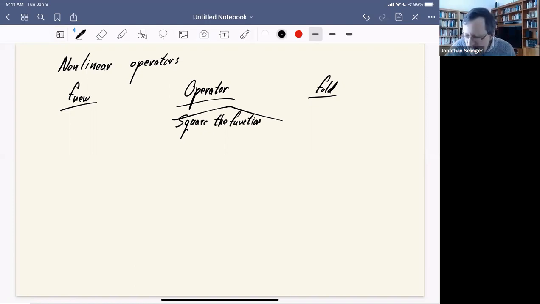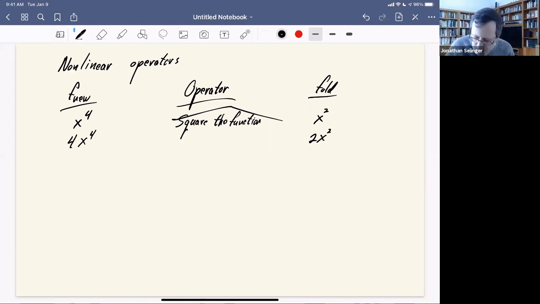And so if f old is x squared, then f new is x to the fourth. And if f old is 2x squared, then f new is 4x to the fourth. So you can see it's not linear, right? Because it doesn't satisfy this thing.